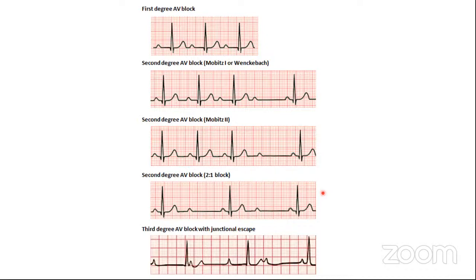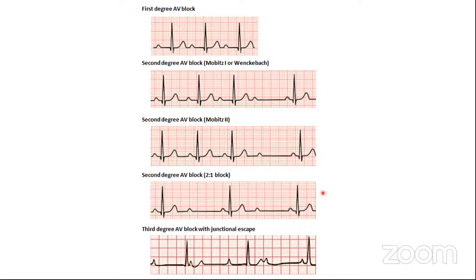But it's a good question, because I've heard even fellows and attendees use the word block in scenarios where it's not always appropriate. Block itself suggests that there's something wrong with your AV node or the His-Purkinje system.